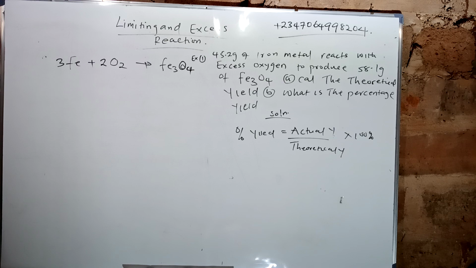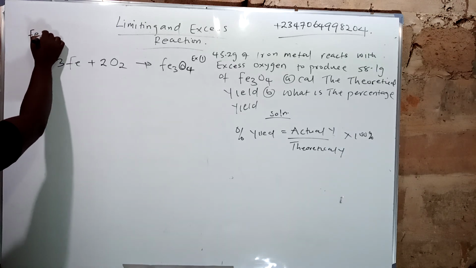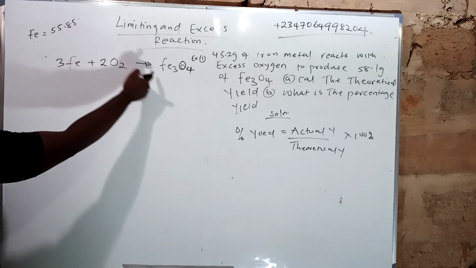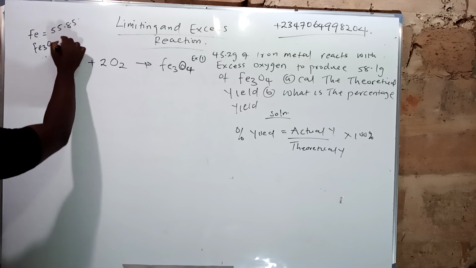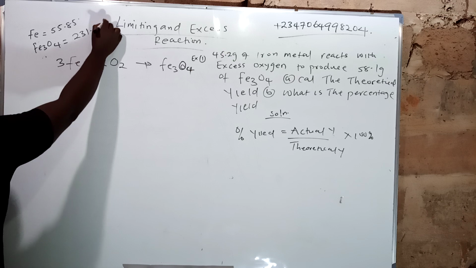Now, from the stoichiometry here, the molar mass of iron is 55.85, and the molar mass of Fe3O4 is 231.55.